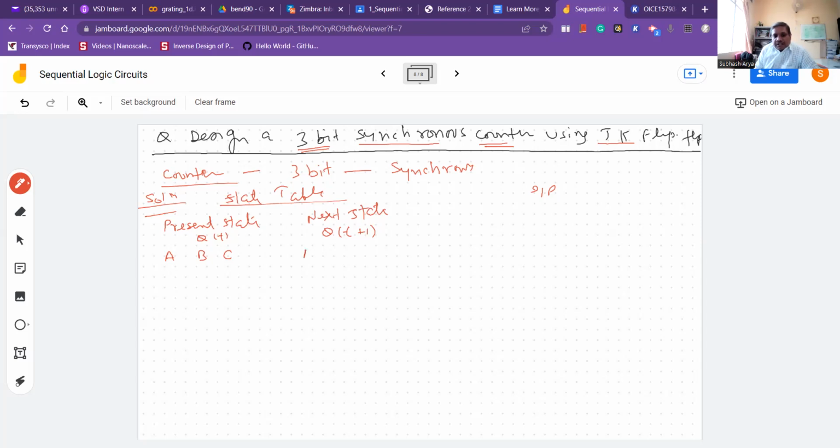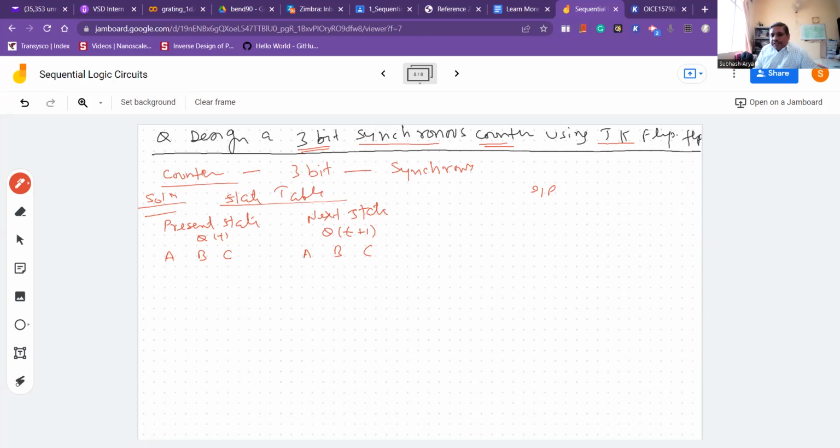Next state, again I will write A, B, C, but now it is Qt plus 1: QA(t+1), QB(t+1), QC(t+1). Just to simplify, I have written ABC only.